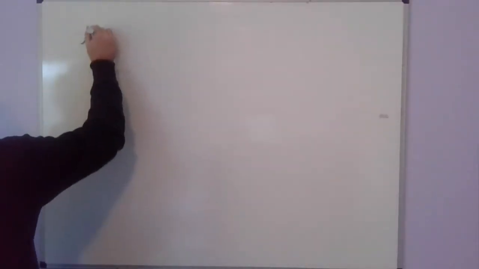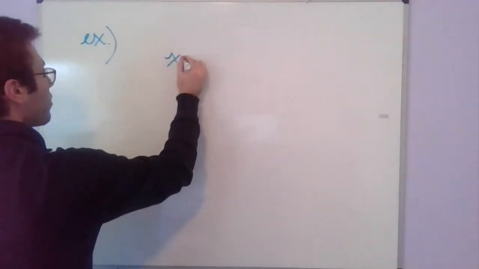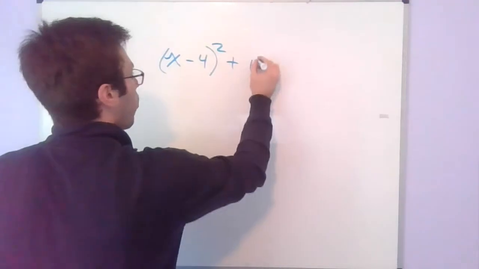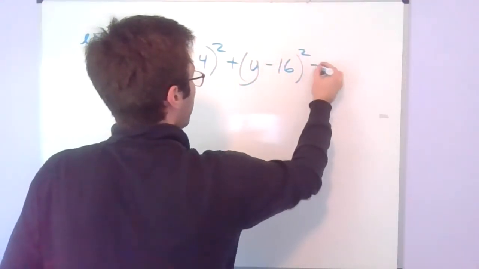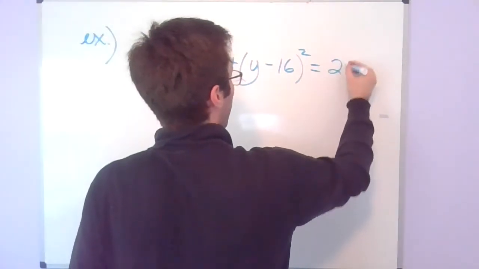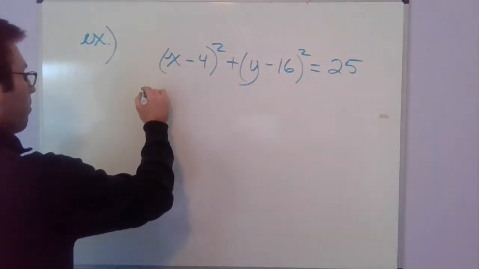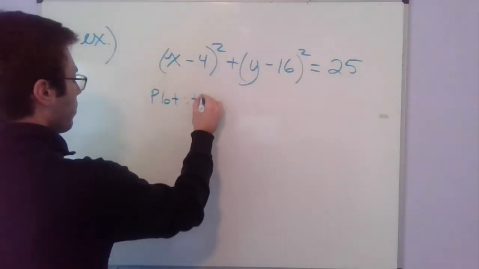So let's say a circle has an equation x minus 4 squared plus y minus 16 squared is equal to 25. And it is asking us to figure out how to plot it.